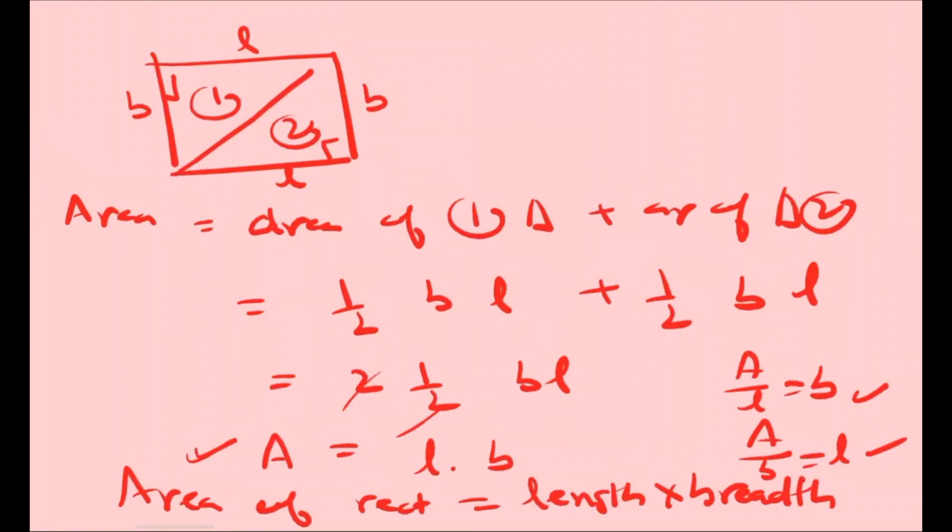Now students, we learned a lot about square, rectangle and triangle. First we will go to the next type of shape in quadrilaterals, then circle, and at the last we will do many questions on this topic, right?